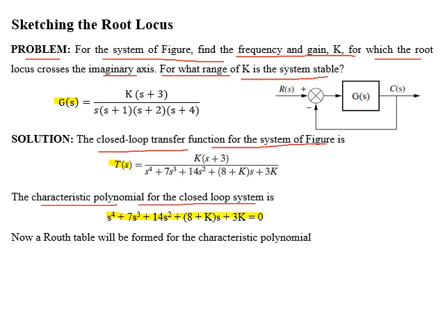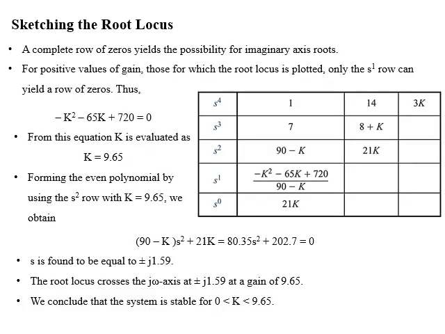Now we will construct a Routh table with the highest power of the characteristic polynomial, which is equal to 4. We will label each row as S4, then S3, S2, S1 and S0.